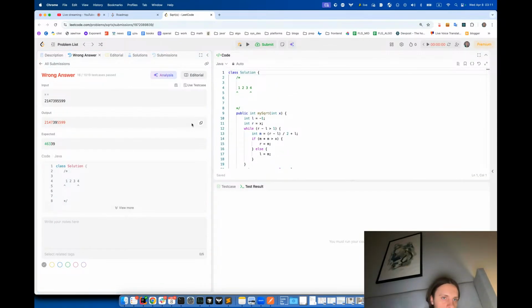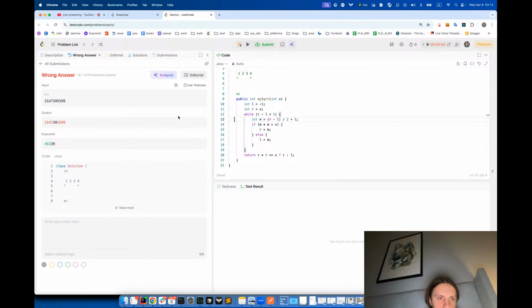Okay, so we have one answer here. Okay. m multiplied by m, r equal to x.